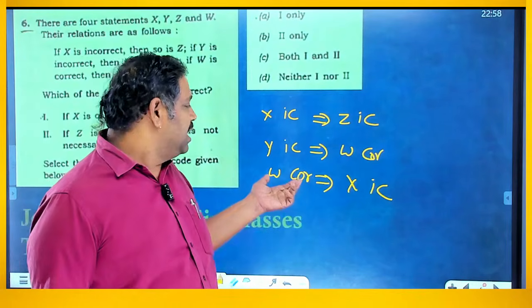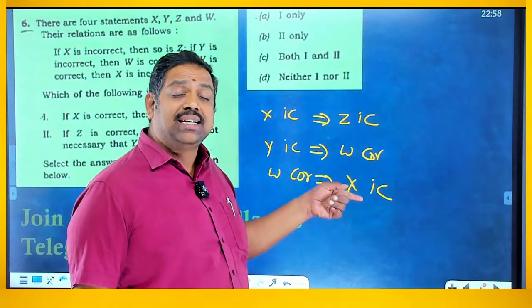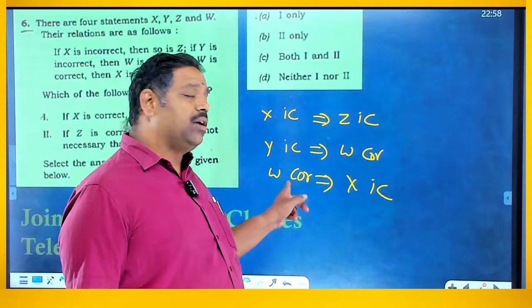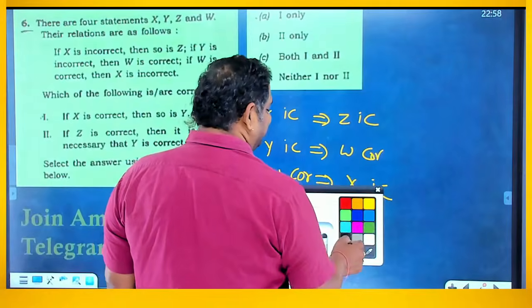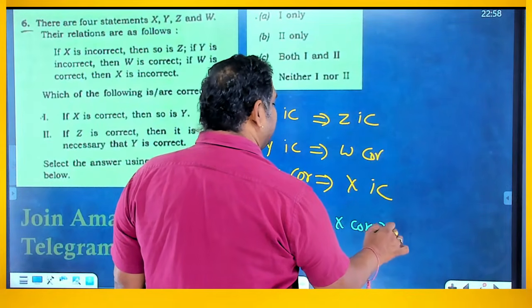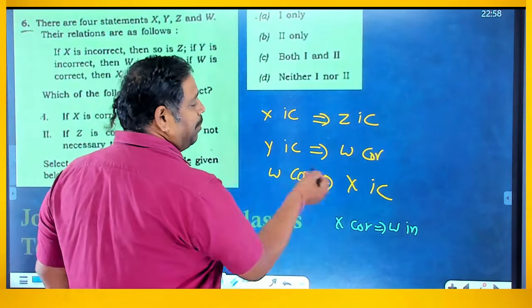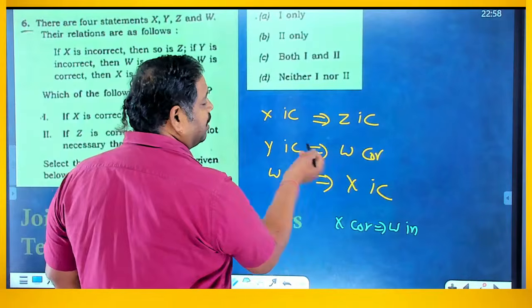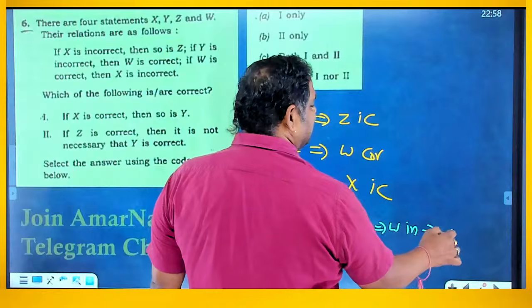Because if W were correct, then X should be incorrect, but X is correct. That means W should not be correct, right? That's why if X is correct, that implies W is incorrect. Now if W is correct, that means Y is incorrect, right? But if W is incorrect, that implies Y is correct.